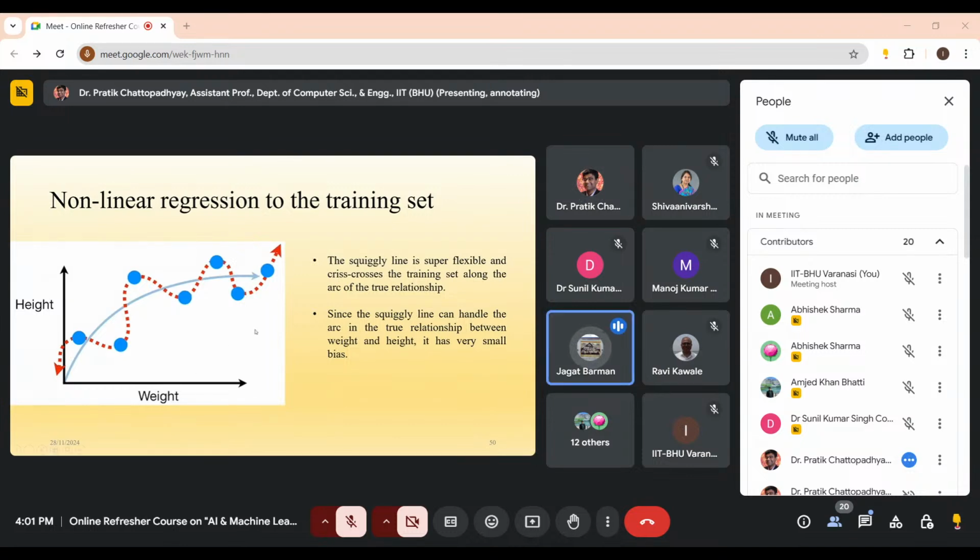Sir, am I audible, sir? Yes. So in practical real life, how can we be sure what kind of model we have to prepare on the basis of a data set, sir? We cannot be sure in any case, but through experiments we can come up with a good model.